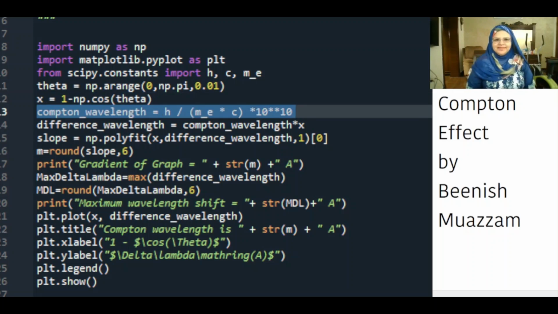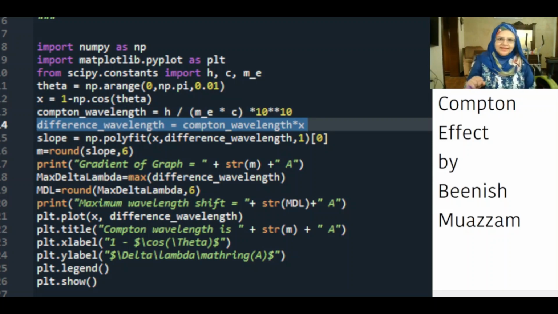Compton underscore wavelength is equal to h over [m underscore e multiplied by c] multiplied by 10 to the power of 10. H is the Planck's constant, m underscore e is the rest mass of the electron, c is the speed of light, and we are multiplying it by 10 to the power of 10 to get Compton underscore wavelength in terms of angstrom.